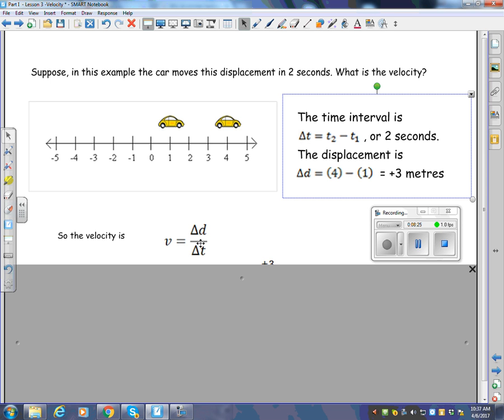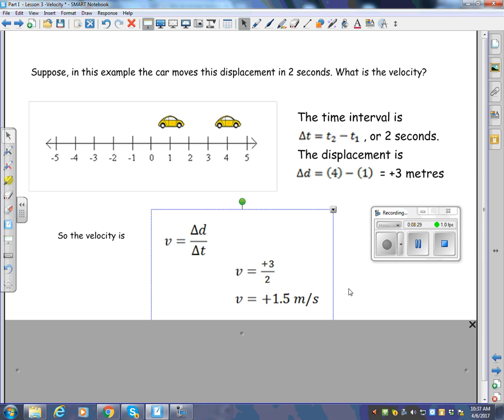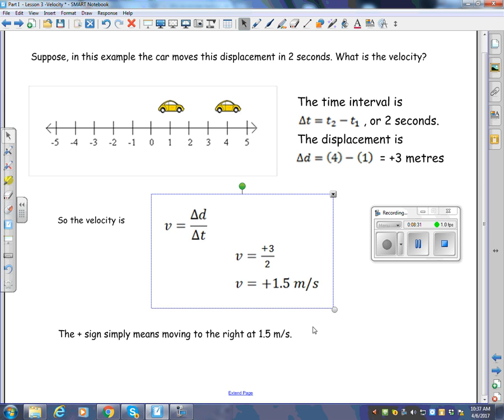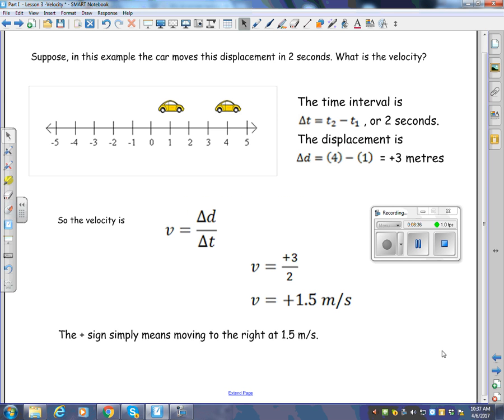So we're going to go d over t, so it's going to be 3 over 2. What's your velocity? 1.5. Right? The velocity is displacement 3 divided by the time 2, 1.5 meters per second. Why is it plus? It's plus because it's moving to the right.